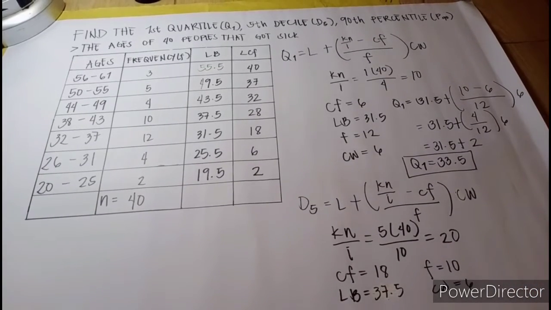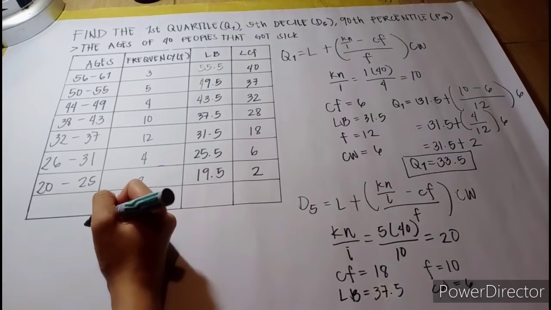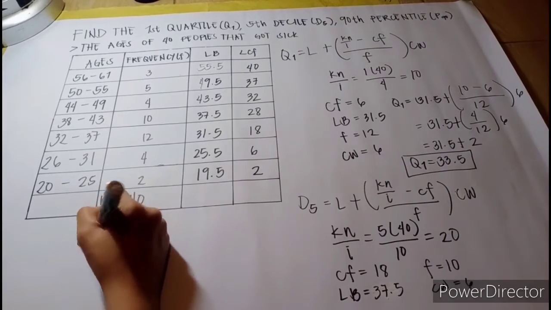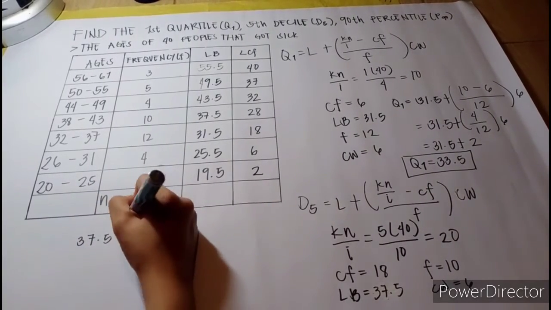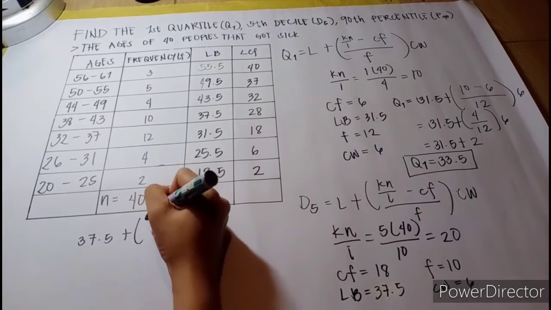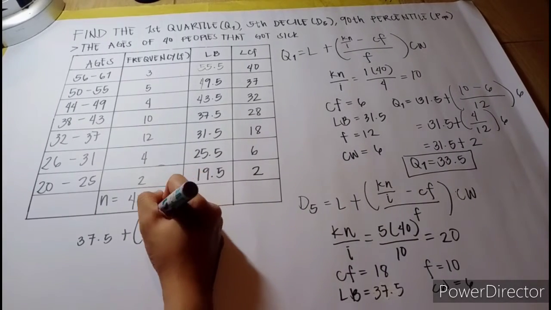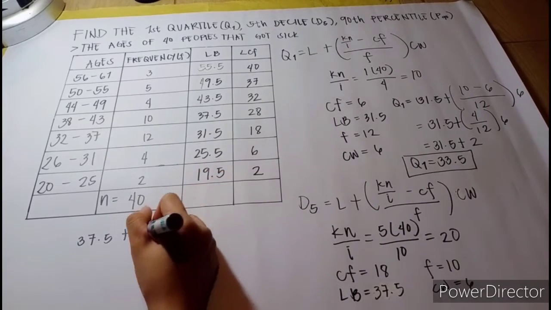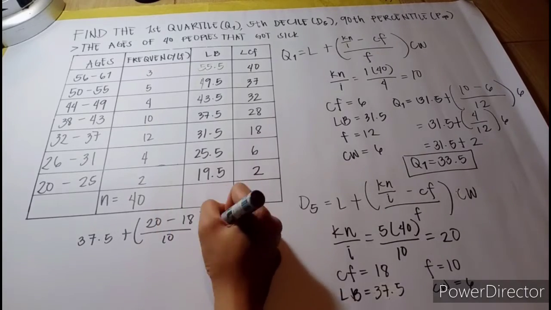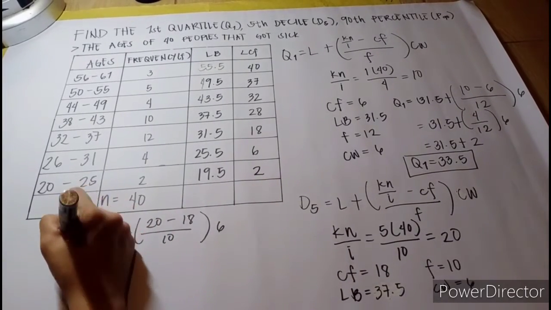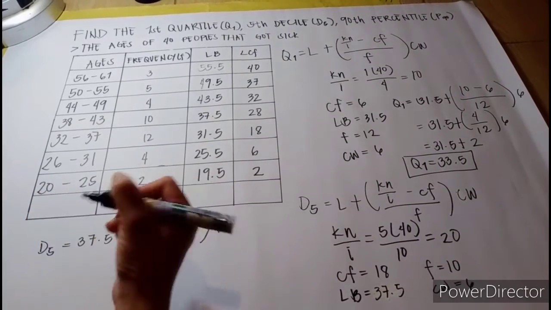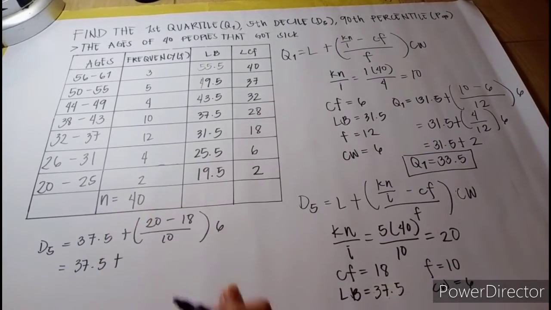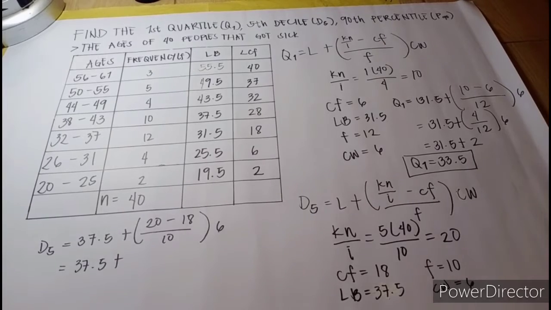After that, we have to substitute in the formula. So the lower boundary is 37.5 plus Kn over I, which is 20, minus CF, 18, over 10 times 6. First, we need to solve the one inside the parenthesis.